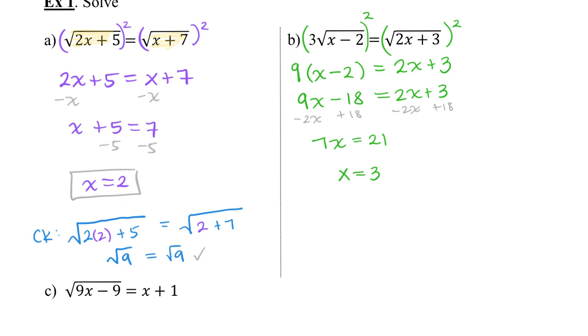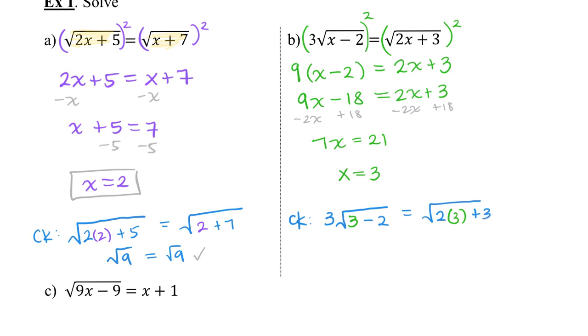Okay, now I'm pretty confident in my math, but I do need to check to make sure it works because you never know. CK for check. Okay, on your check, I'm copying the original equation, so it's 3 times the square root of x minus 2 equals the square root of 2x plus 3.